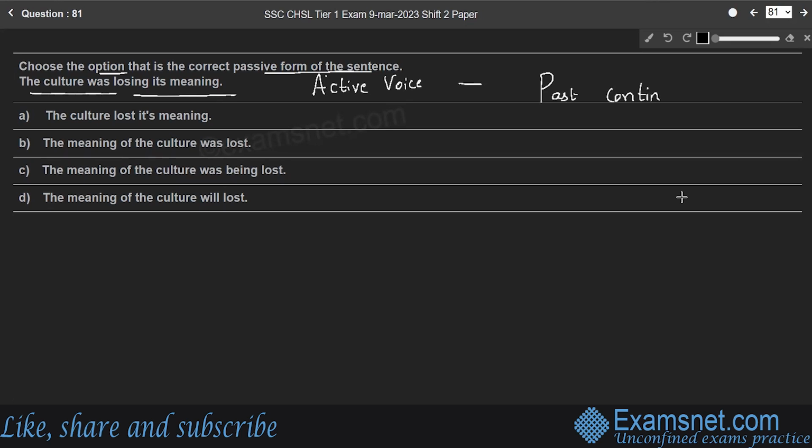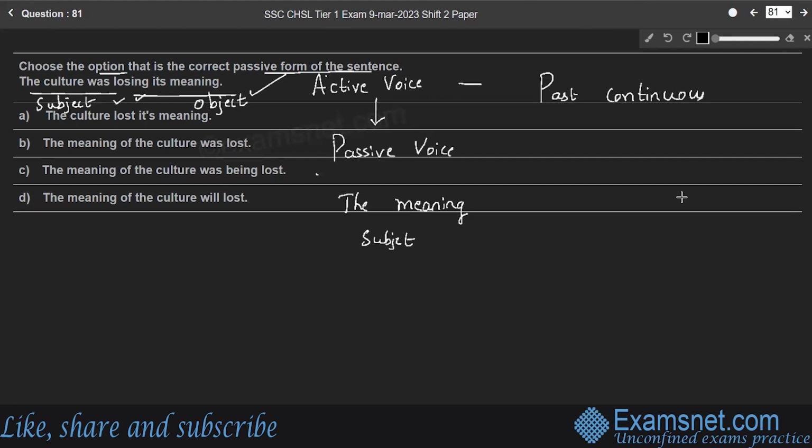So, to convert active voice to passive voice, in this sentence the subject is the culture and the object is meaning, right? In passive voice, this object becomes the subject. That means the meaning becomes the subject.